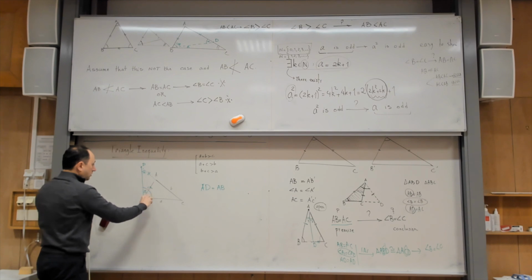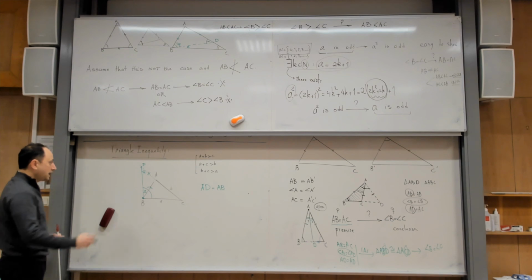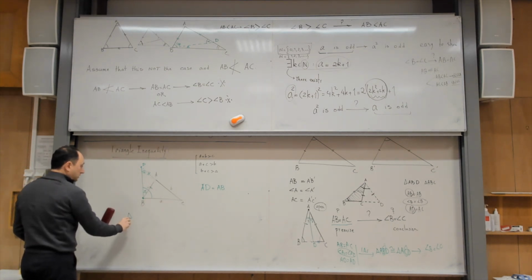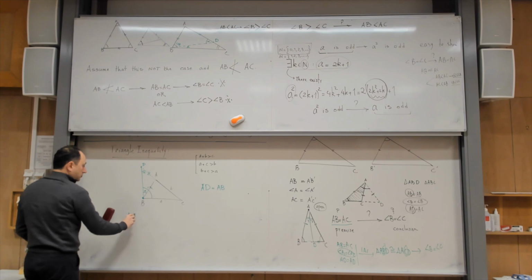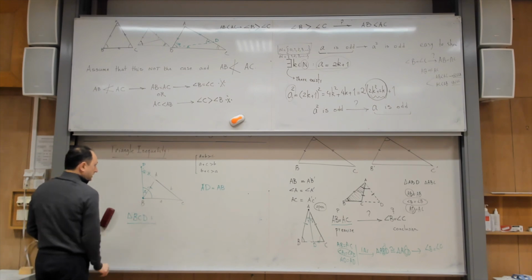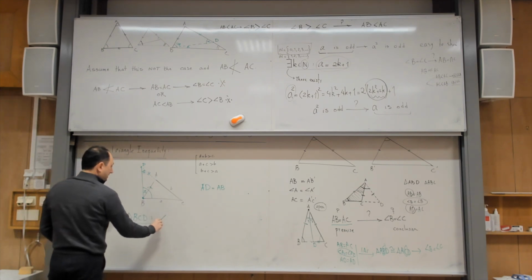Is it bigger than alpha or smaller? It's bigger than alpha. Now look at the bigger triangle. In the triangle BCD, what do you have? You have angle D, and you have angle, let me call it DBC.